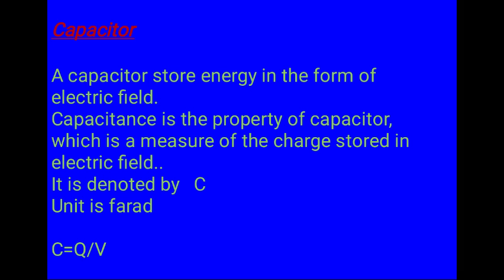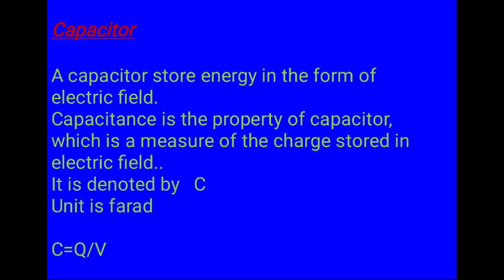It means a capacitor stores energy in the form of electric field and it opposes the sudden change in voltage. Capacitance is denoted by C and its unit is farad. The relation between C, Q and V is C is equal to Q upon V.